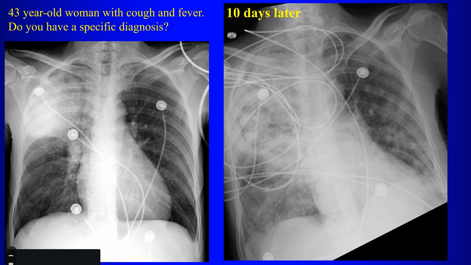A lot bigger. It is bigger, yes. Is there anything else you notice about it? There's air now. What does that mean? Necrotizing. Okay, so there's cavitation. So we think necrotizing pneumonia here, right? So you have a rapidly progressing necrotizing pneumonia. The consolidation, you said, is bigger. Any specific diagnosis you might want to suggest here?